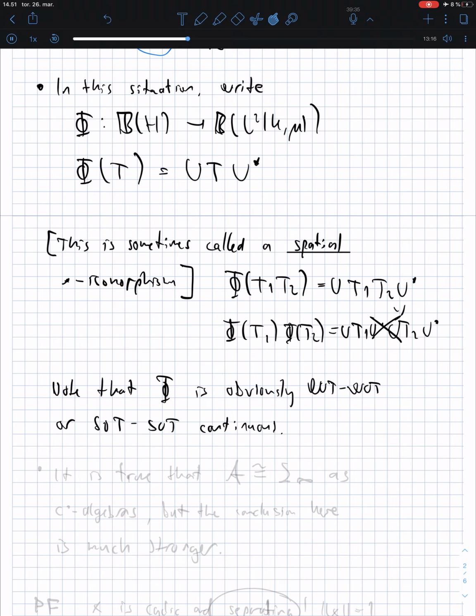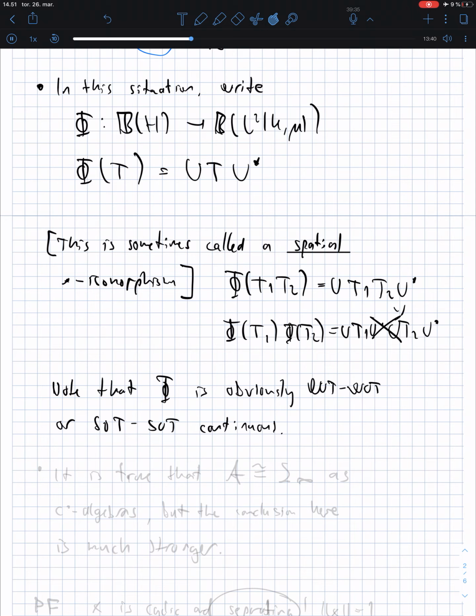Just because, checking whether things converge in the weak topology, this is something you do by taking the inner product and seeing what happens. But when you apply phi, you will just move things around with U, and U does not really change the inner product. That's the point of the unitary.